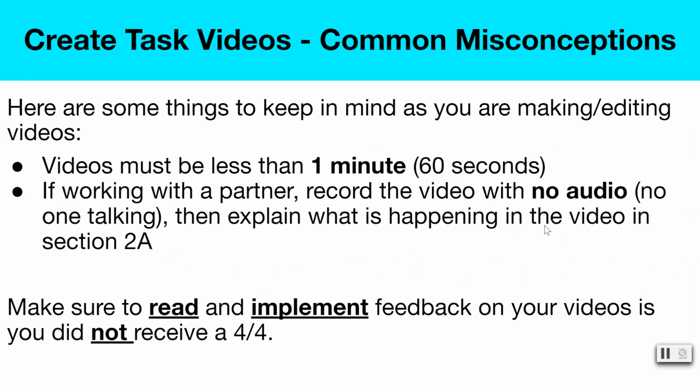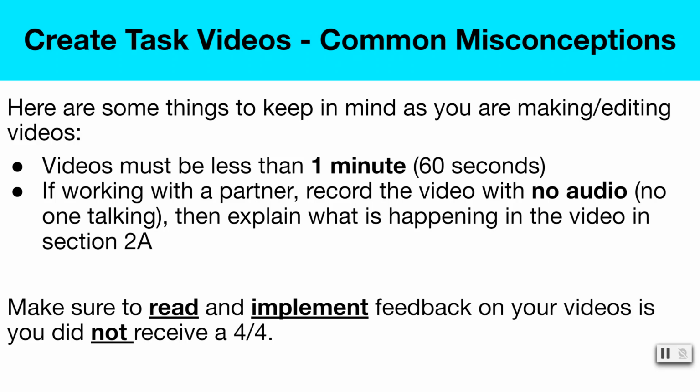Some things that I wanted to highlight for you all to keep in mind. I noticed some errors on people's videos. One, they have to be less than 1 minute. Make sure that none of your videos go beyond 60 seconds. Second, if you're working with a partner, I think it would be best if you just record that video with no audio of whatever section of the program you want.